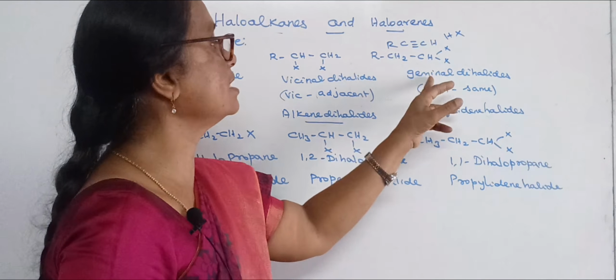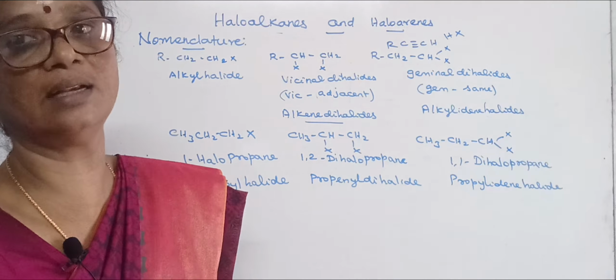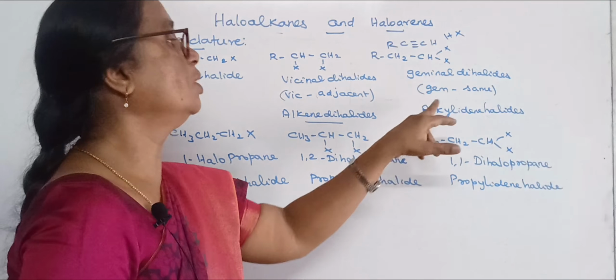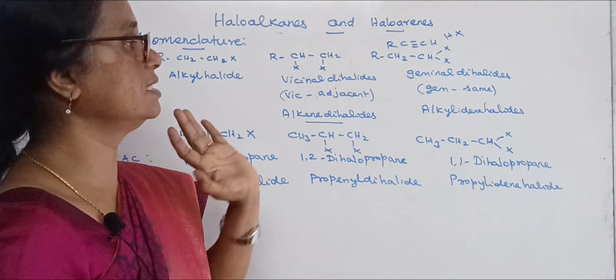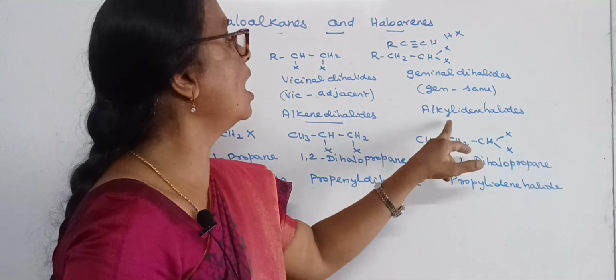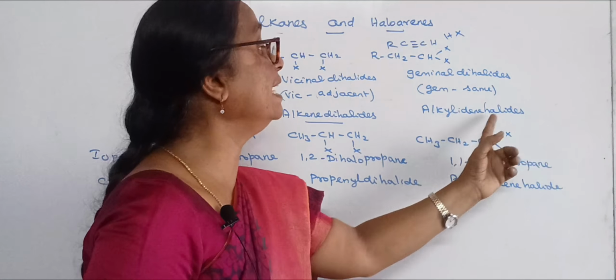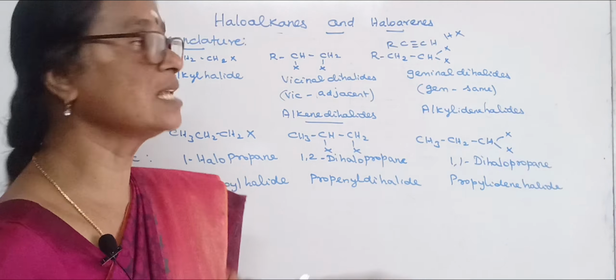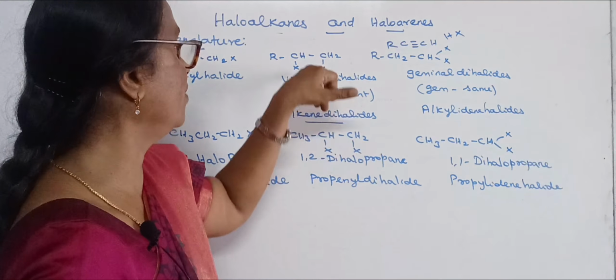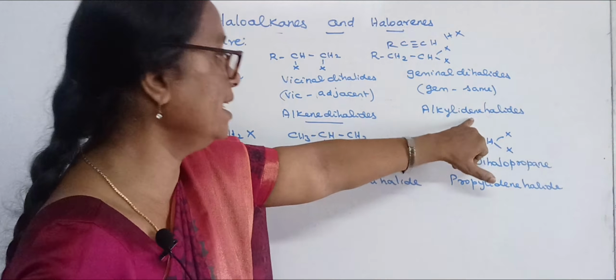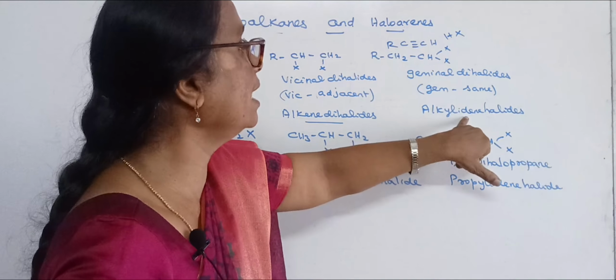Such compounds are said to be geminal dihalide, where both halogens are on the same carbon atom. So gem means same, vic means adjacent. These compounds are named as alkylidine halides. Here for alkene dihalide, we are using the 2, but in this case we have to say alkylidine halides.